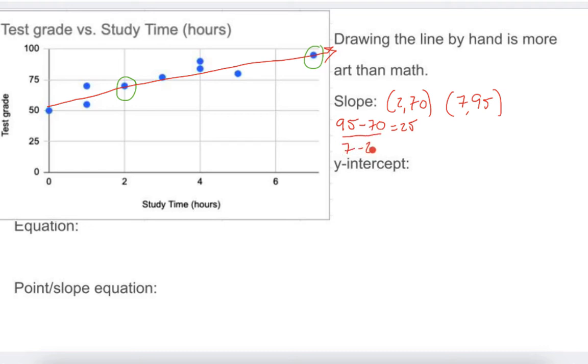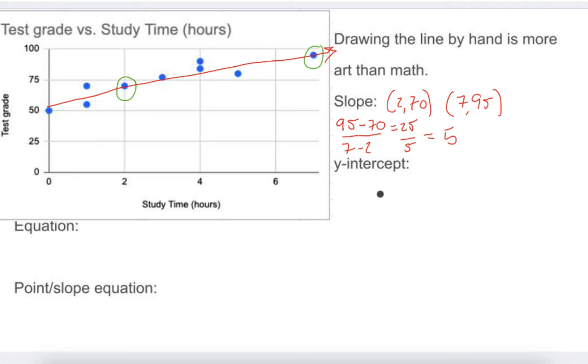And 7 minus 2 is 5, so that's our run. So 25 divided by 5 is 5. This means for every 1 hour that we study, our grade should go up by 5 points.